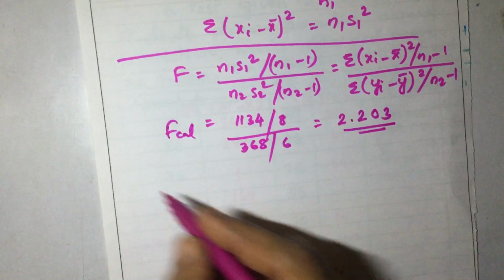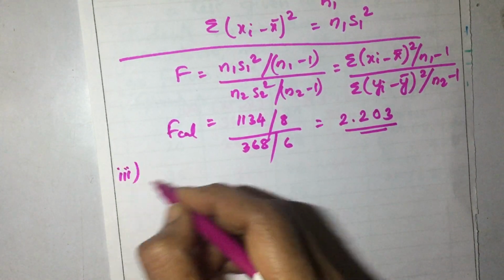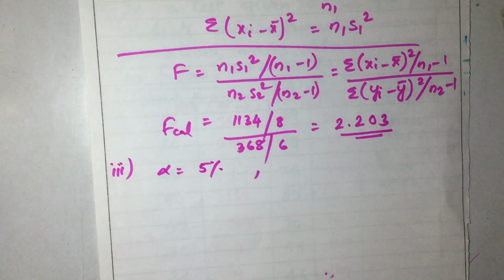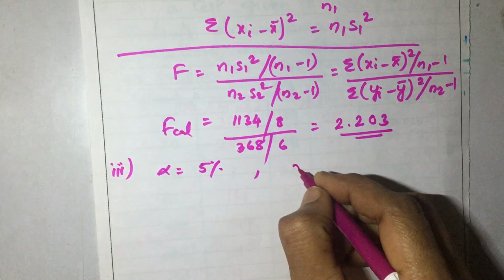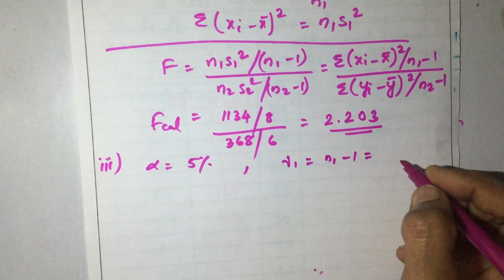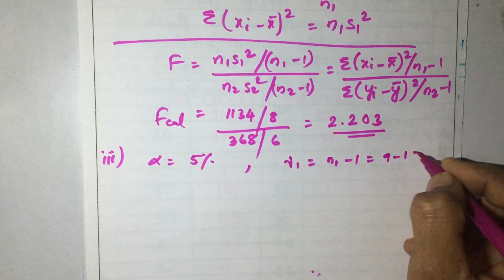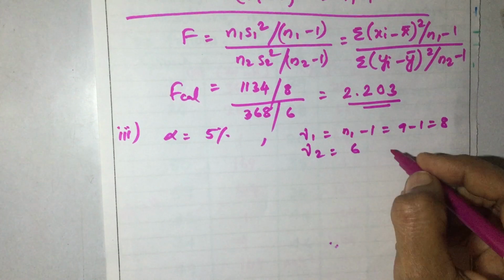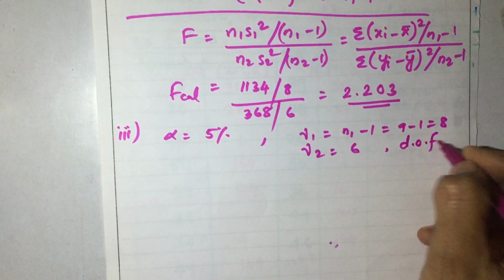Okay, so now third one, level of significance is given as 5%. Then degrees of freedom: nu 1 is n1 minus 1, that means 9 minus 1, that is 8, and nu 2 is 7 minus 1, that is 6. Okay, these are the degrees of freedom.